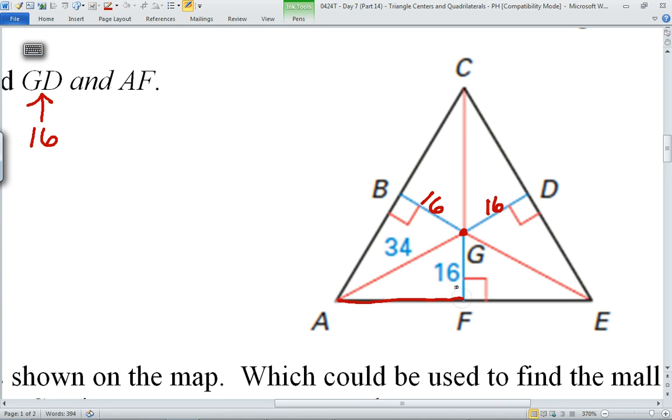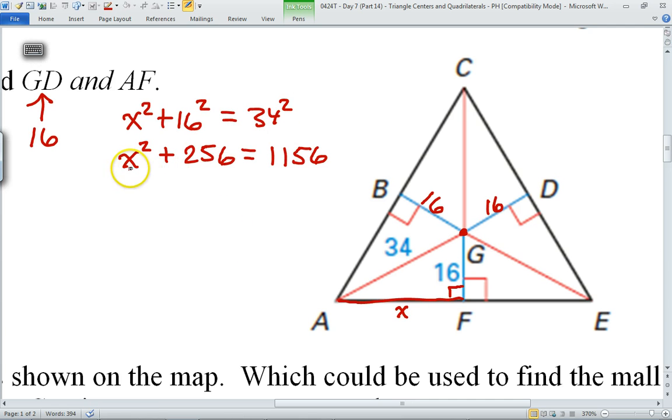So here comes that Pythagorean theorem I was talking about. This is a right triangle. A squared plus b squared equals c squared. Okay, using the x, the 16, and the 34 as the hypotenuse. So here we go. X squared plus 16 squared is equal to 34 squared.